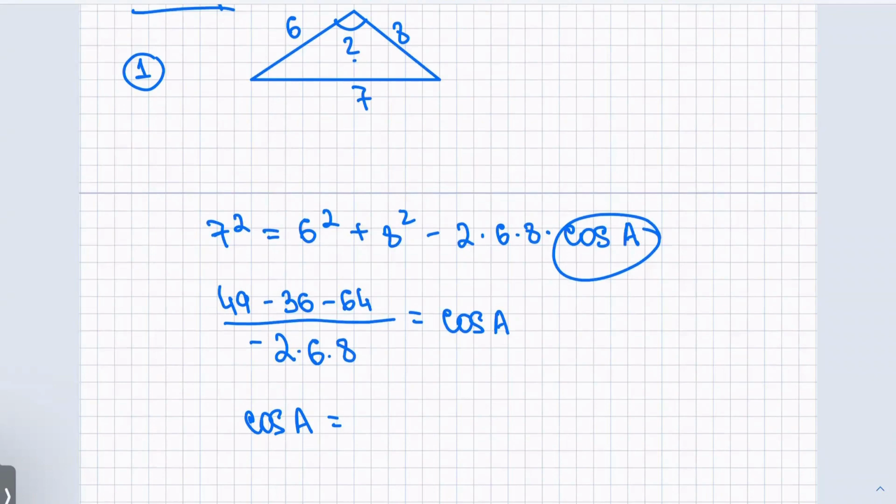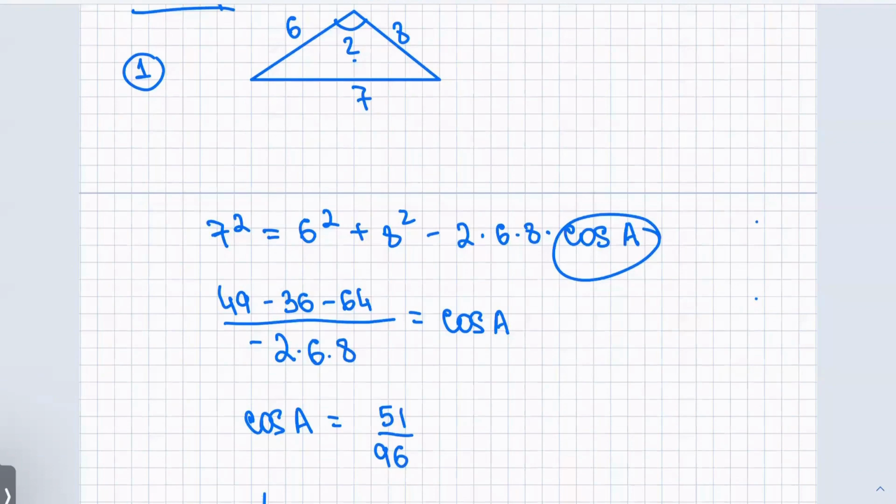It will be 13. And then we have minus 64. So it will be minus 51 over minus 2 times 6 times 8. So it will be actually plus, and then 12 times 8, so it will be 96, dear students, 96.